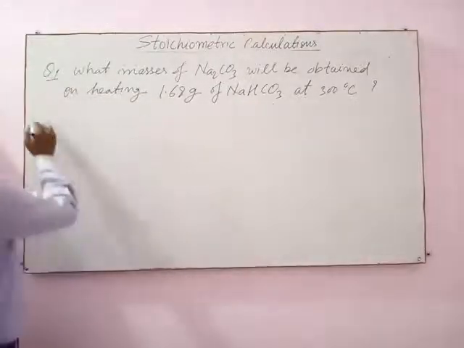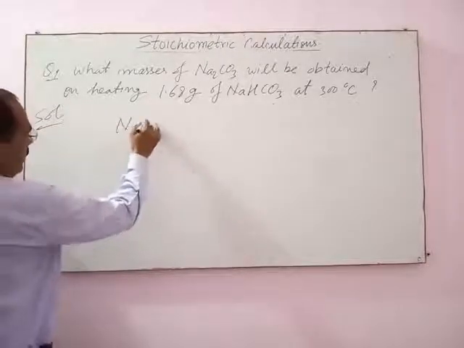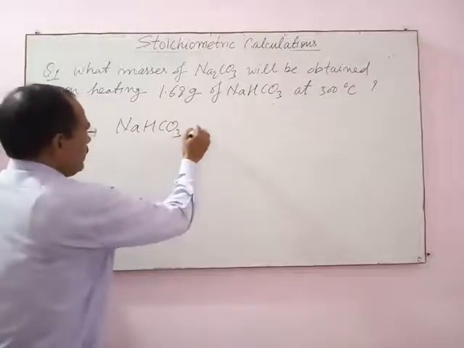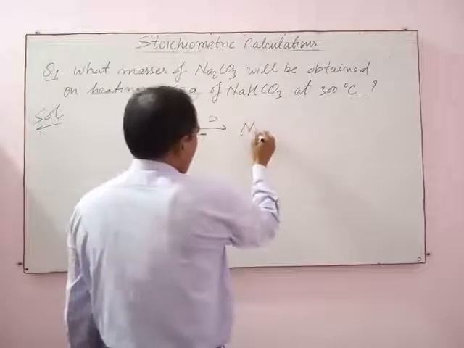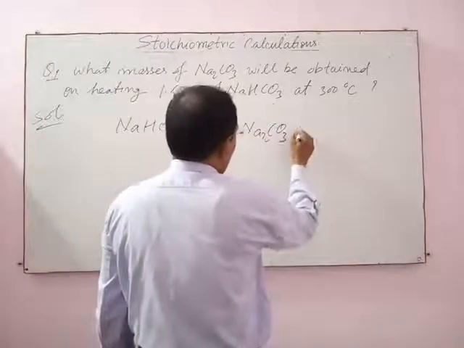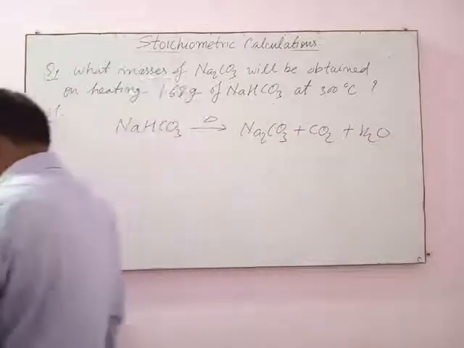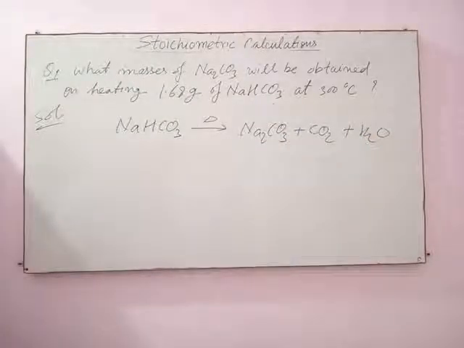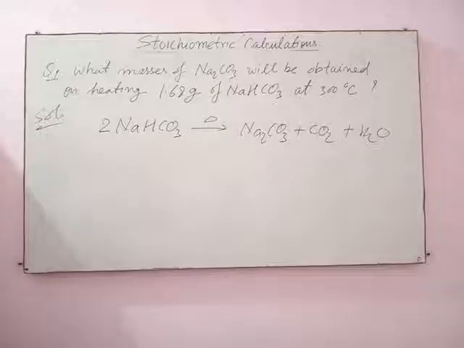This is your solution: 2NaHCO3 on thermal decomposition gives Na2CO3 plus CO2 plus H2O. This is the balanced chemical equation involving the decomposition of sodium bicarbonate.